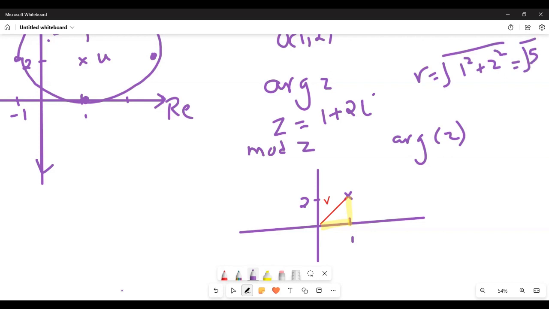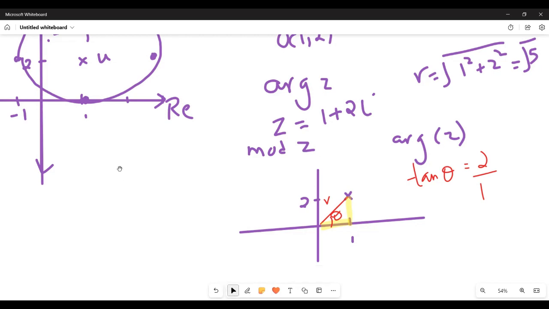It's the distance of that point from the origin. Okay, now what's the argument? Argument is this angle here. You use tan theta equals y upon x to find the argument. So the argument is the angle that the complex number makes with the x-axis.